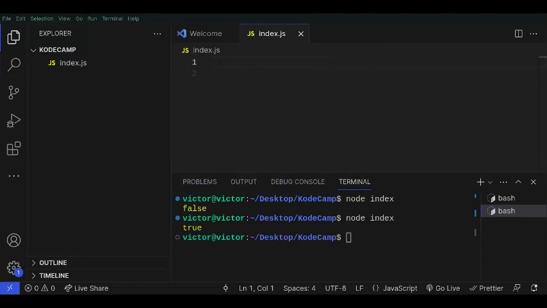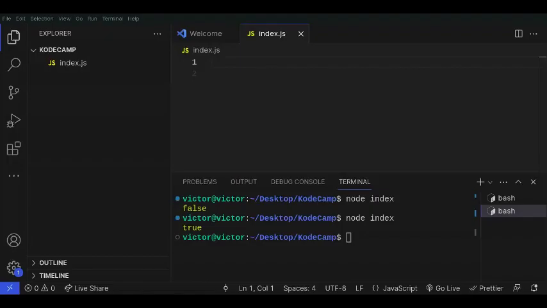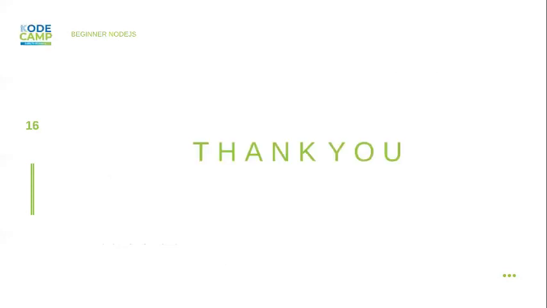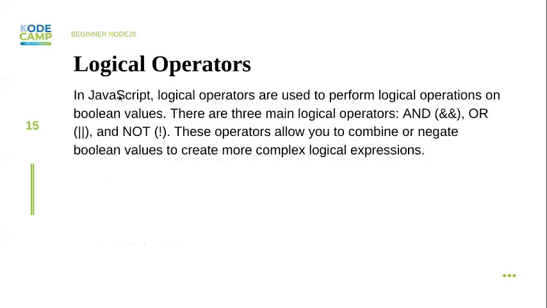All right, then let me share my slide. So I guess we are going to go for the final topic, the final thing to do today. This should be the last before my thank you.